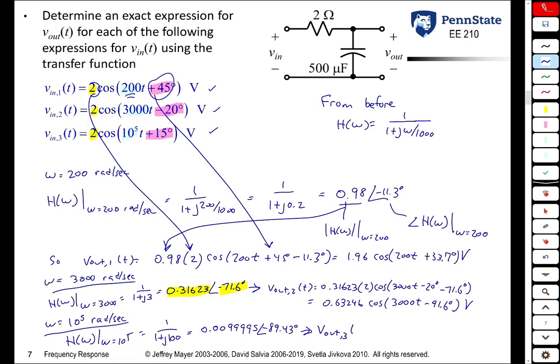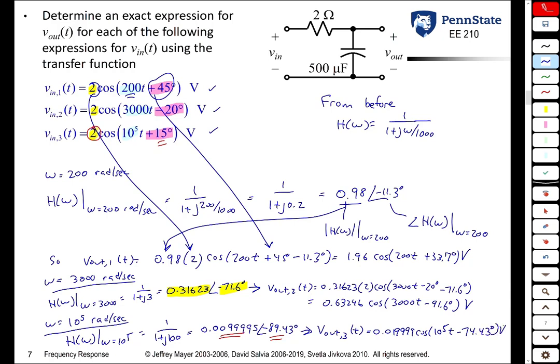So v out sub 3 of t is going to be what? The input amplitude of 2 is going to get multiplied by 0.009995, and the input angle of plus 15 is going to be adjusted by negative 89.43 degrees, and we end up getting 0.019999 cosine 10 to the 5th t minus 74.43 degrees.